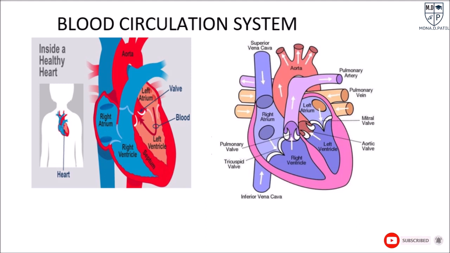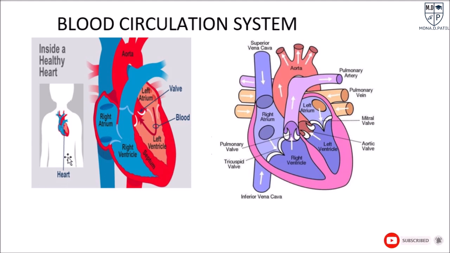An independent system for blood circulation is present in humans and higher animals. Okay, higher animals in the sense that their size is big. It consists of the heart, blood vessels and capillaries.